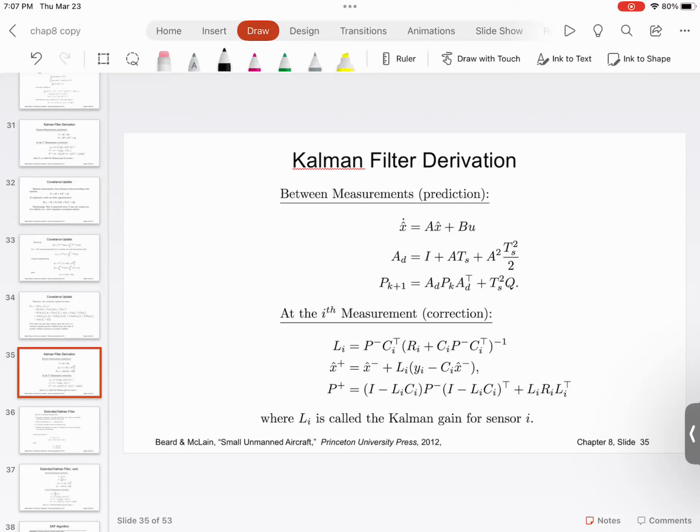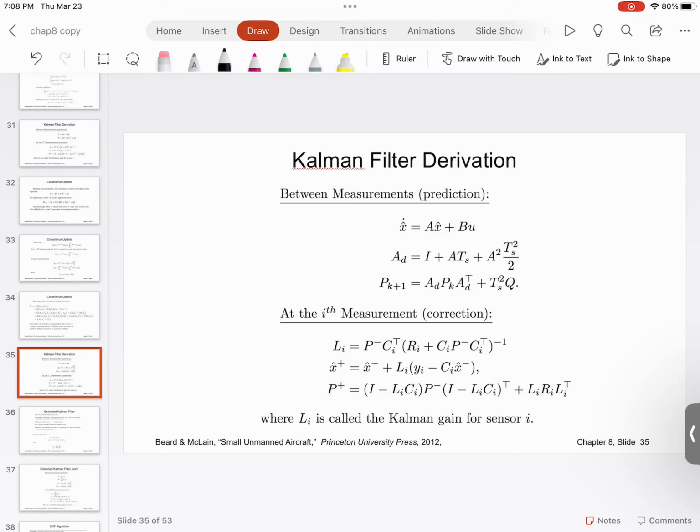So the math is long, and to be honest with you, to use the Kalman filter you don't need to understand the math. But the Kalman filter will be used in 60-70% of the cases. In the remaining cases, you won't be able to use it because your processes will not be Gaussian. Your system is not going to be linear.